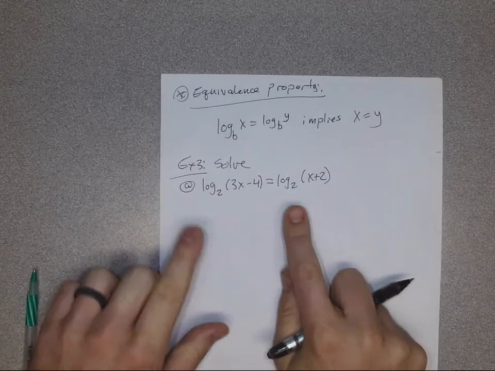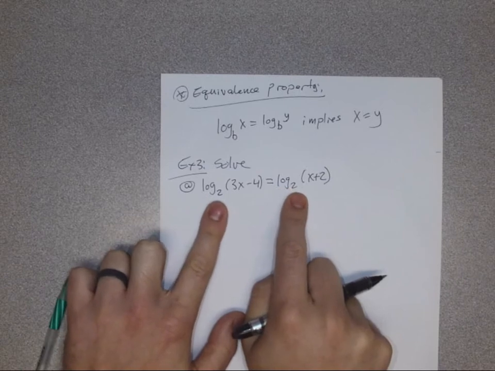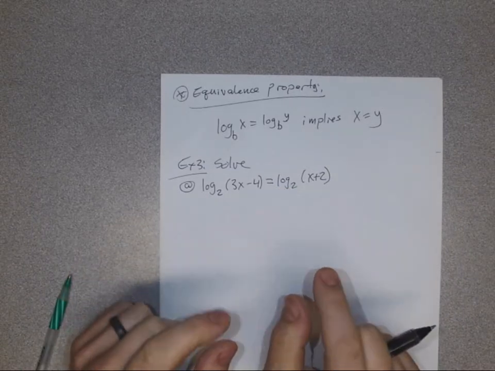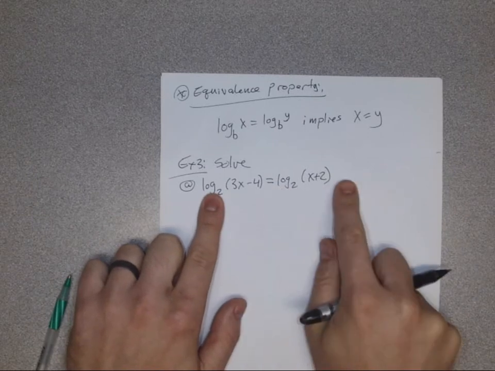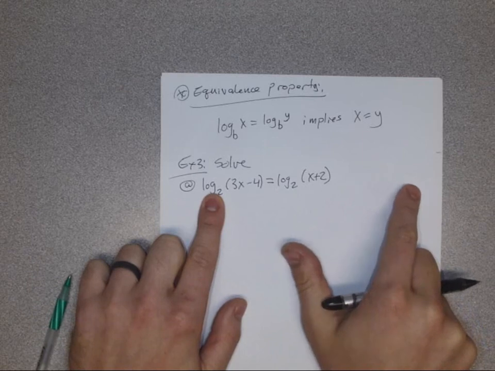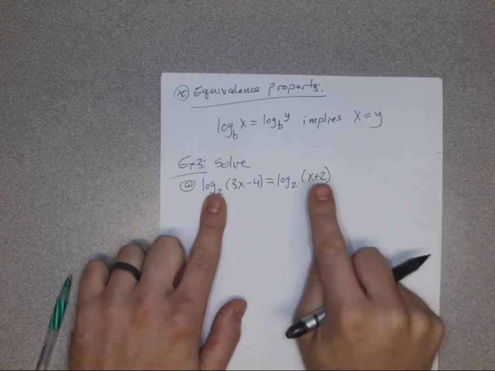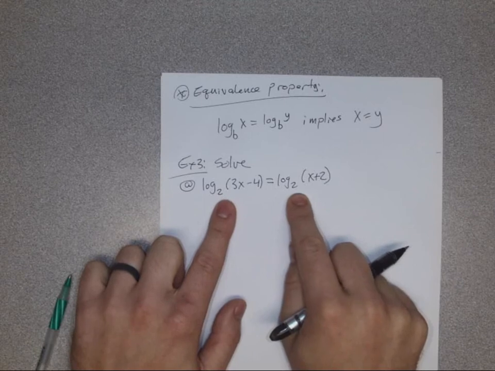So I see here that I have log on both sides and the bases are the same. So this is only true as long as you have a single log on both sides. If there was a plus something out here or a plus another log, then you either have to figure out how to combine them to make a single log on each side, and they have to have the same base. So that's important.